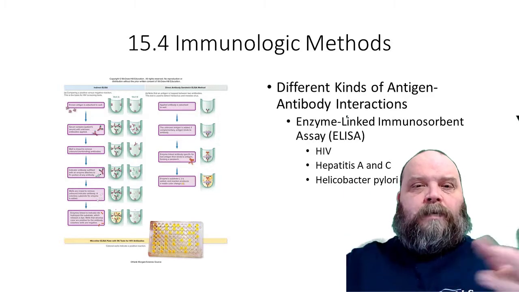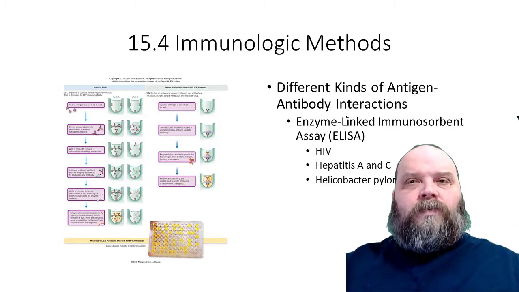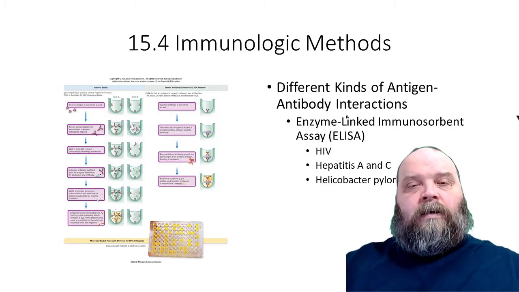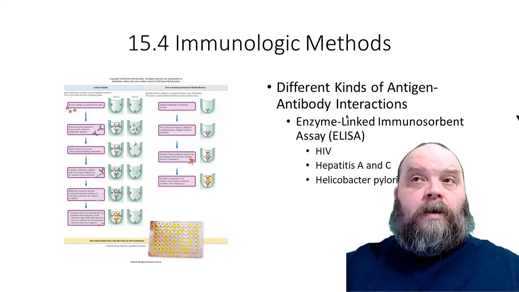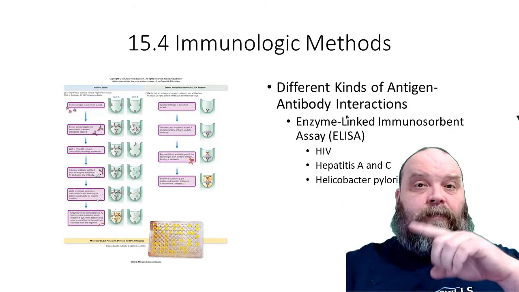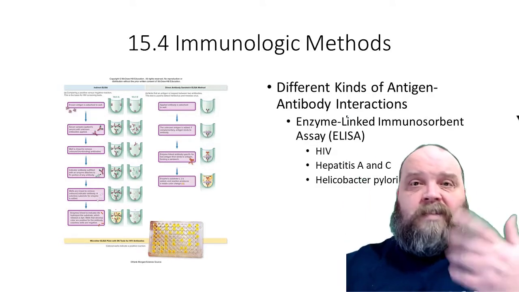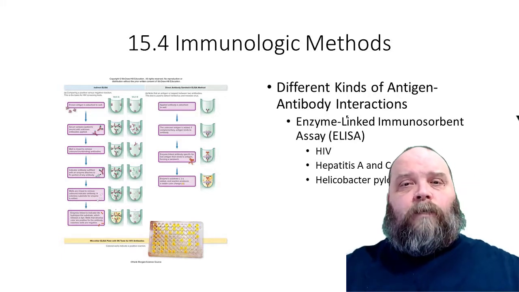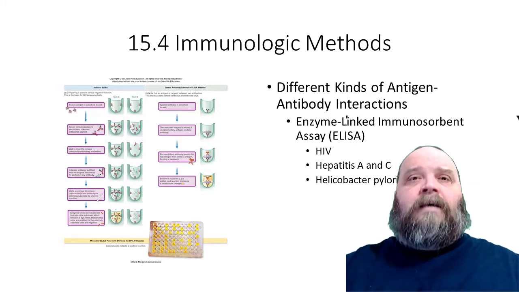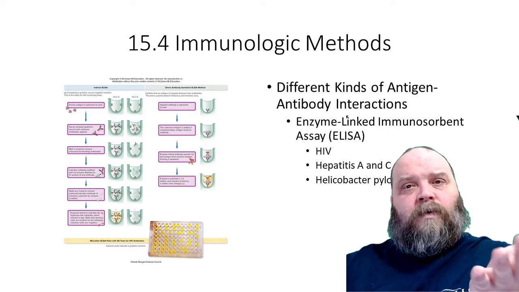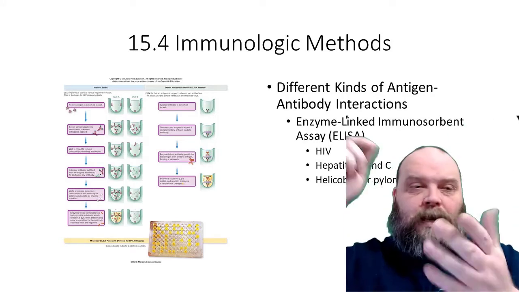Take the kit, open the kit up, make sure all the wells are wet with deionized water, dump out the water, because basically you're just rehydrating whatever the manufacturer lined the wells with. Add patient sample, serum, whatever wells that have been designated. Let it sit, incubate for so long, dump out or aspirate out.